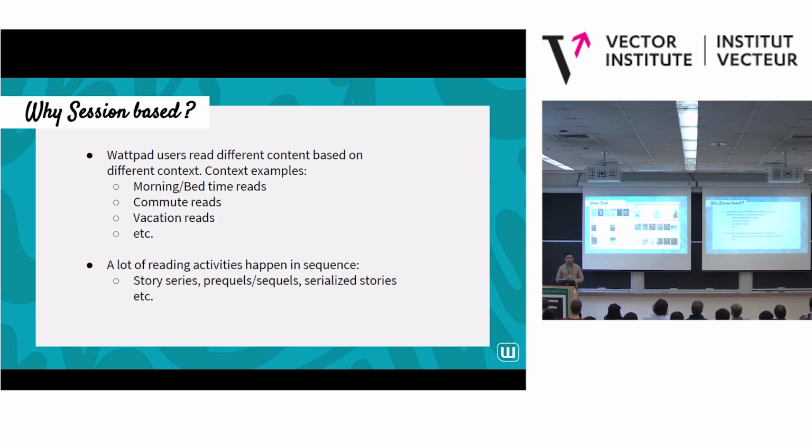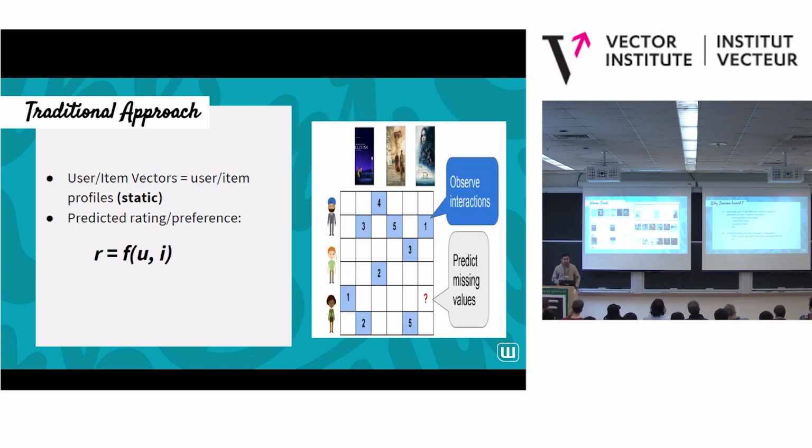When people use it on a subway or in the commute, they try to read different types of content. So context is very important for us. And also, reading is a type of activity which happens usually in sequence. In Wattpad, there are also story series, prequels, sequels, and also stories that are serialized. So sequence is really important for us.